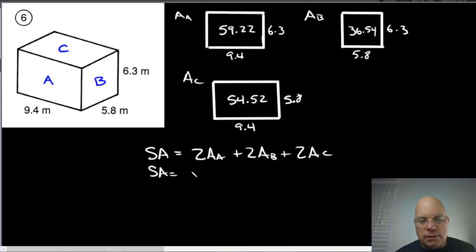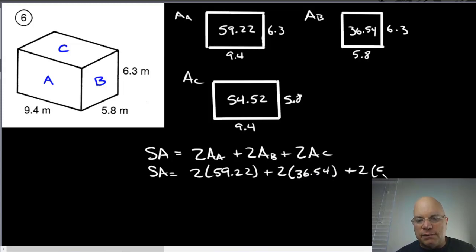Surface area would be twice this 59 and 22/100, plus we're going to double the 36 and 54/100. And we're also doubling this 54 and 52/100. This is 118 and 44/100. And 72 plus 1 more, because I see 5/10 will be doubled, so that's 1 more whole, so 73 and 8/100.